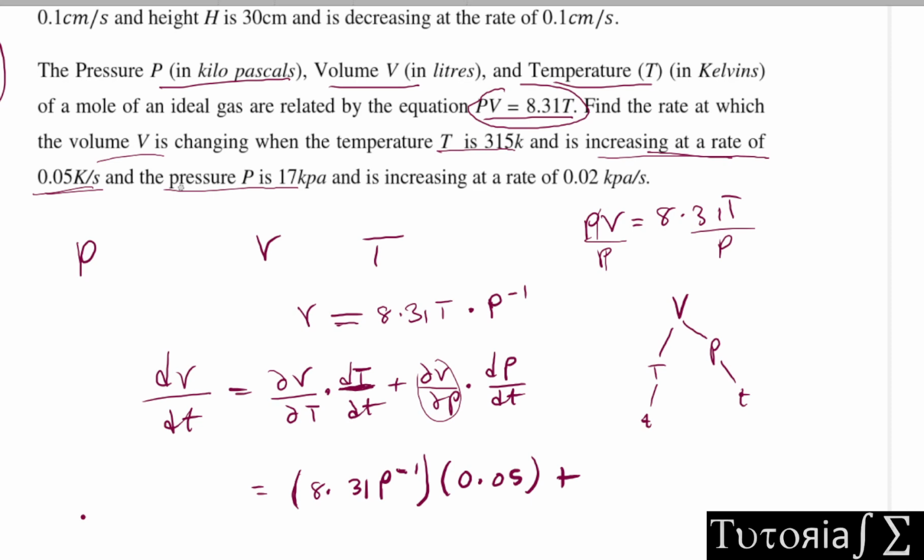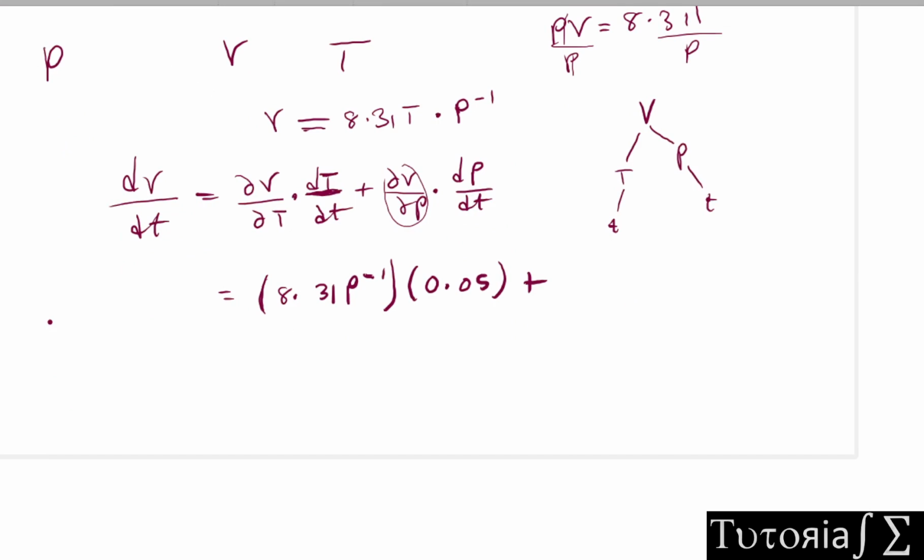plus V with respect to P. So we differentiate V with respect to P. We are differentiating this, so it will be 8.31T. Then differentiating P, that will be dropping the negative, so it will be negative P to the negative 2.